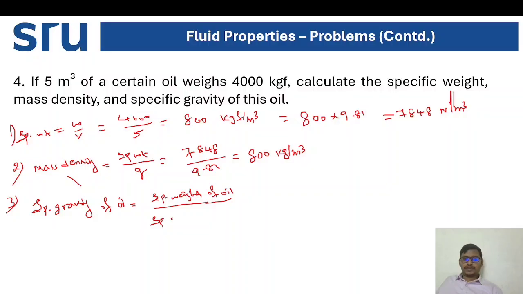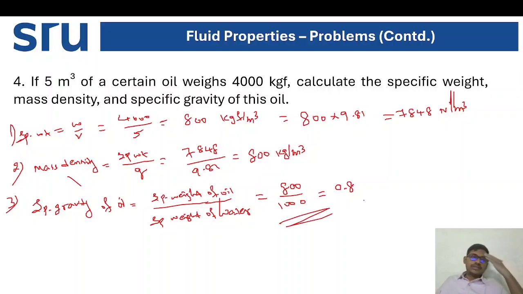So 800 by 1000 equal to 0.8. Understood? So if you are able to understand the relation between the fluid properties, then it will be very simple problems.